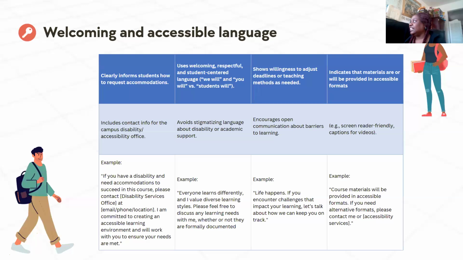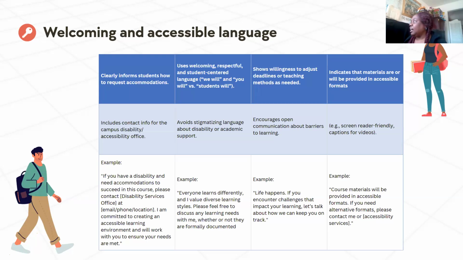Number four says indicates that materials are or will be provided in accessible formats. For example, you have a screen reader, friendly captions for video. We always have those or need those. For example, the course materials will be provided in accessible format.